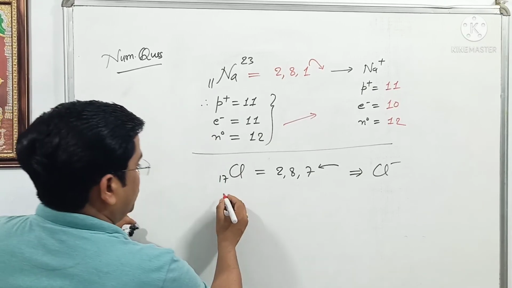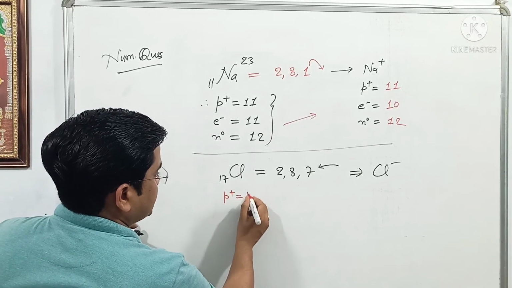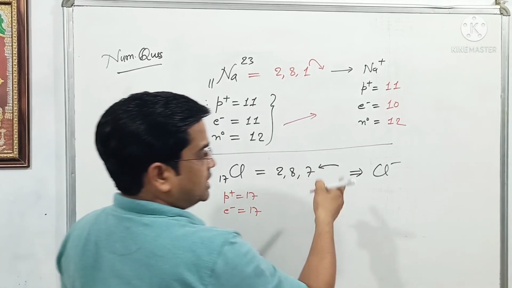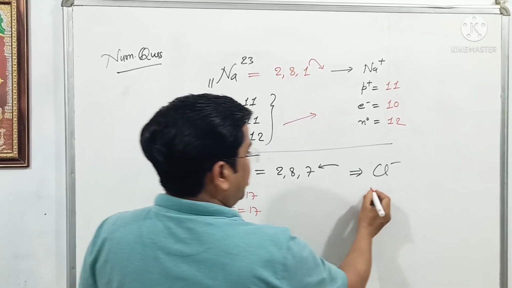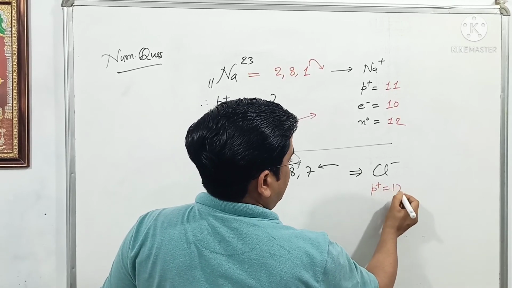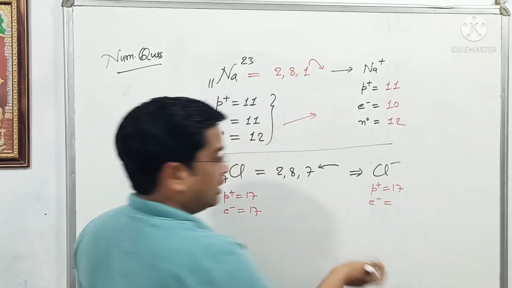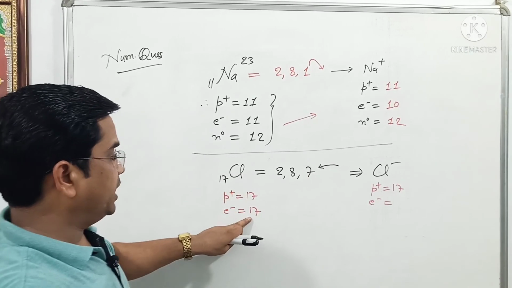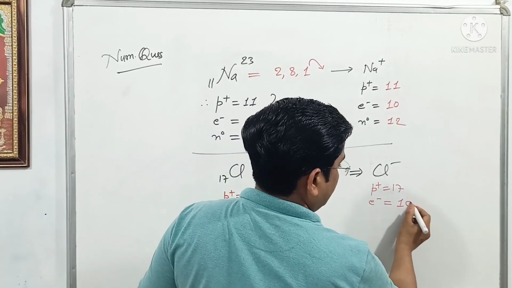And here you are watching number of protons is 17, number of electrons is 17. But in the case of chloride, number of protons will be the same, but number of electrons will be increased as one electron is being gained. That's why it will be 18. Clear friends?